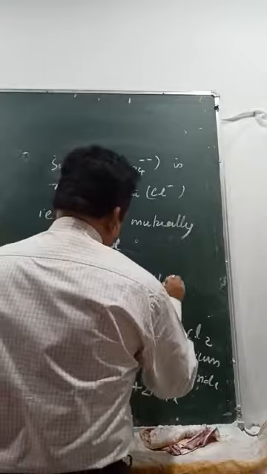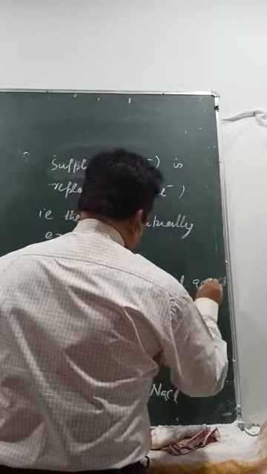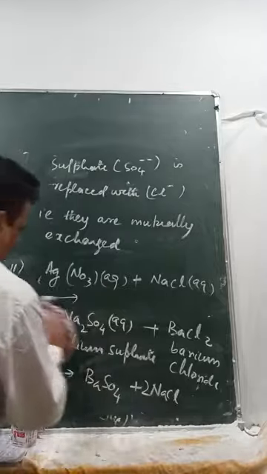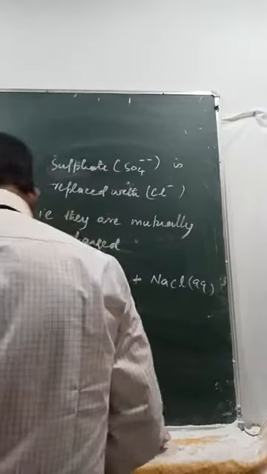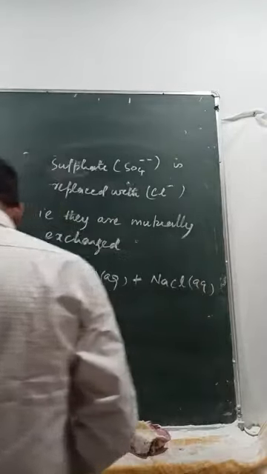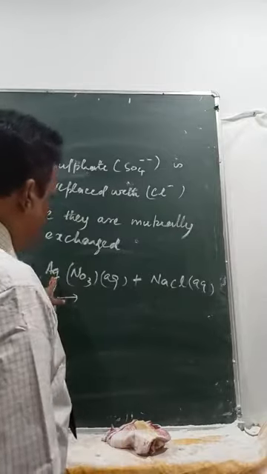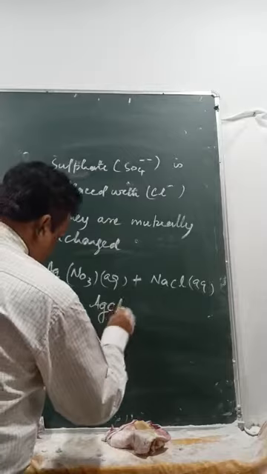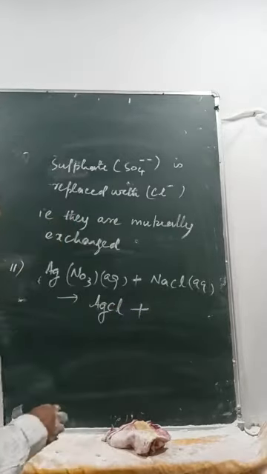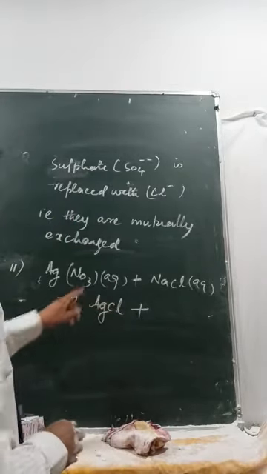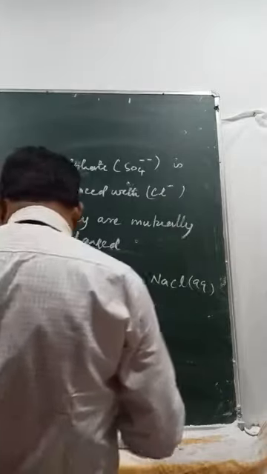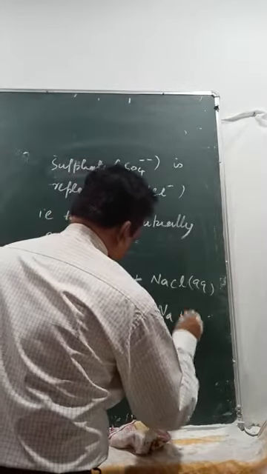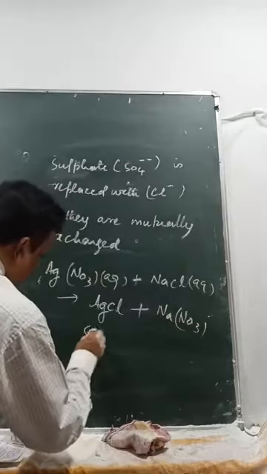NaCl. Both are aqueous solutions. So what do you get? You are getting exchange. Exchange means AgCl plus sodium nitrate. This is silver chloride.